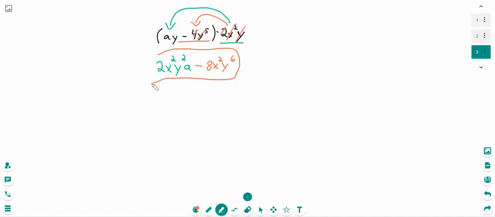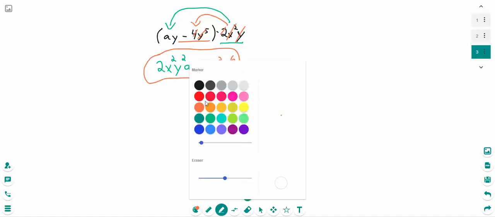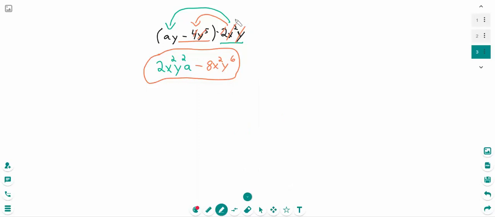And maybe just to point this out, just in case you did it the opposite way, you certainly could have distributed that through differently. I actually went from the left and worked my way to the right. You could have distributed it through by multiplying it first by the 4y to the fifth, and then multiplying it by the a times y. That's fine. It would just give you a solution that's the opposite of what this one is, as far as what's written first.